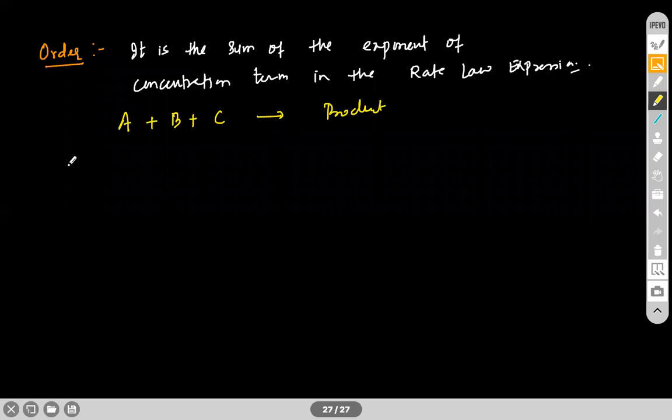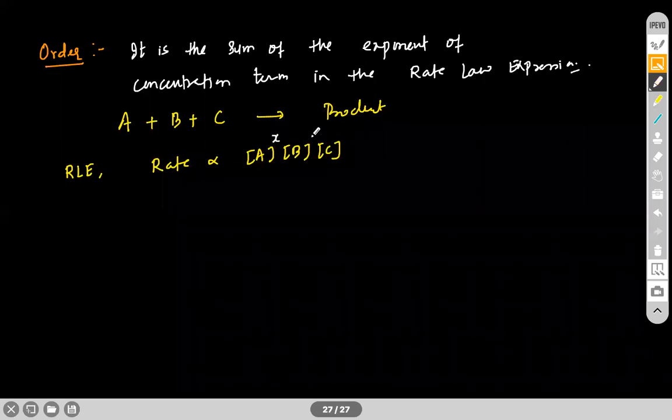For this, the rate law expression, RLE, is rate equals the concentration of the reactant species to the power of experimentally determined quantities, like x, y, and z.